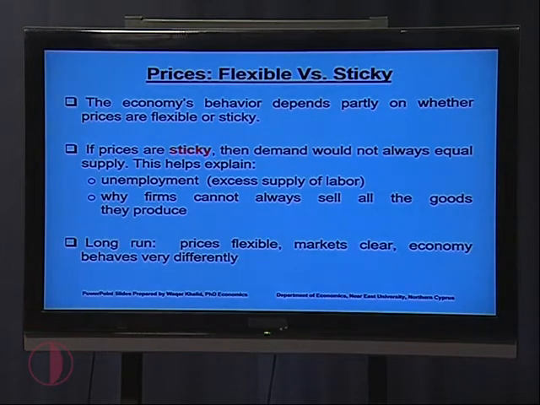This helps explain, for example, unemployment, where we have excess supply of labor as compared to demand for labor. Similarly, why firms cannot always sell all the goods they produce. That's why if prices are sticky, then demand would not always equal supply.